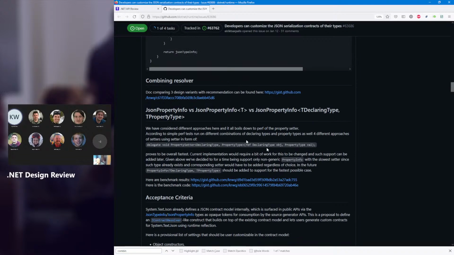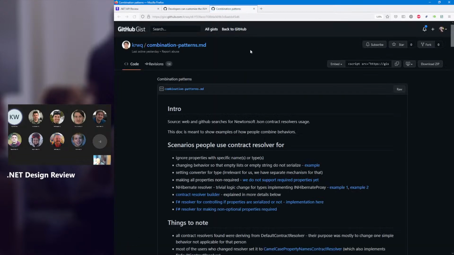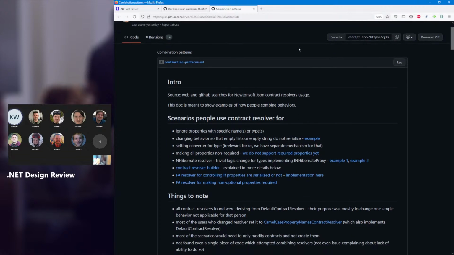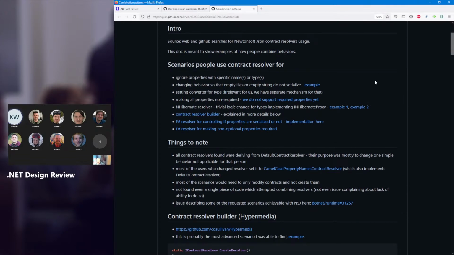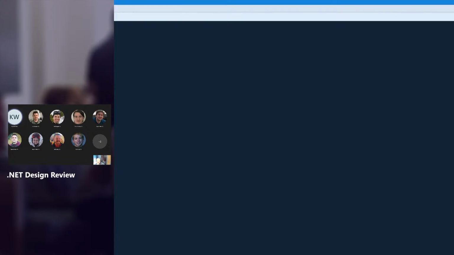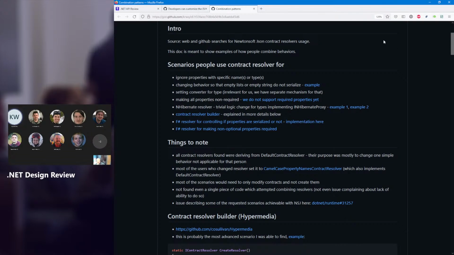Open the doc basically, and I went a bit of a stretch here. I started looking into how people do that with Newtonsoft.Json. My conclusions were basically the following. First of all, I haven't found a single place where people combine resolvers.